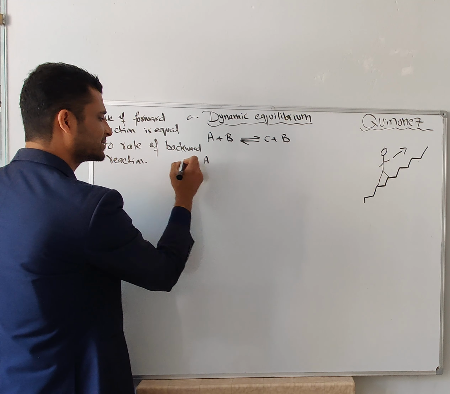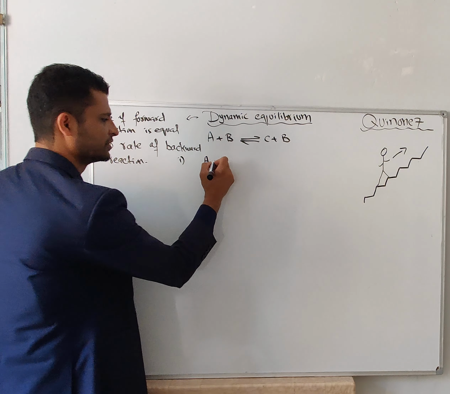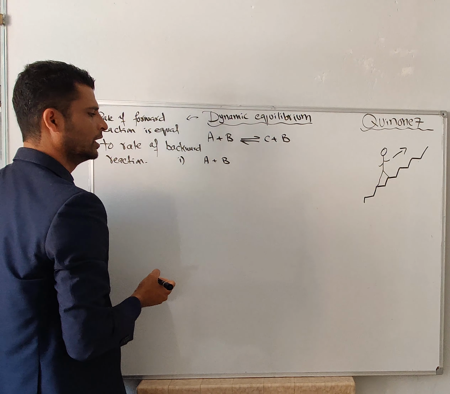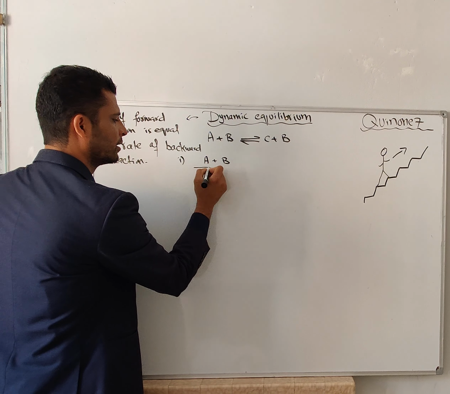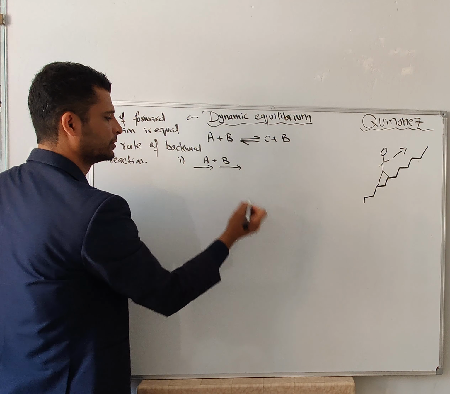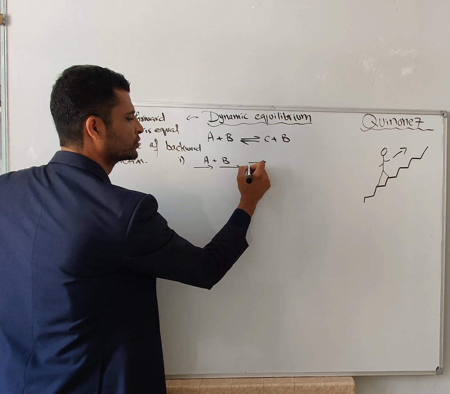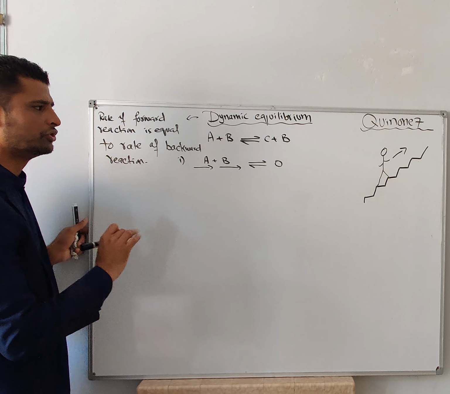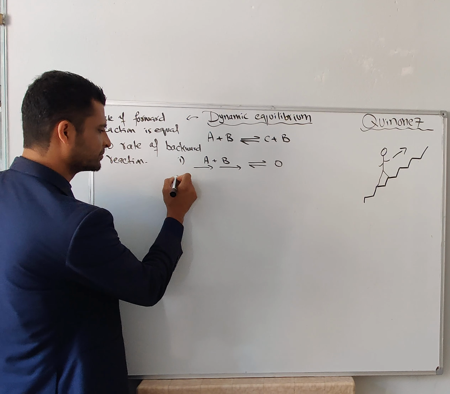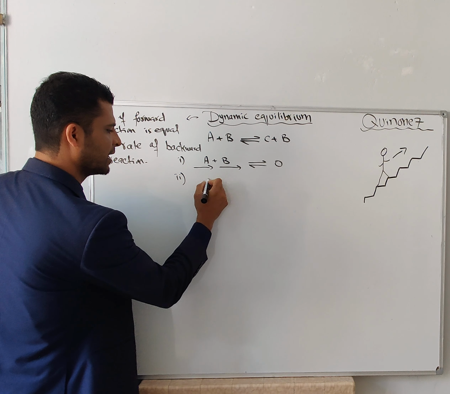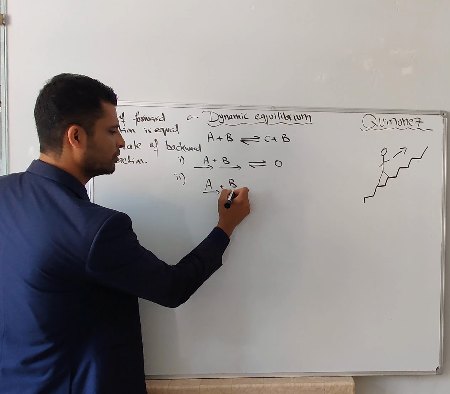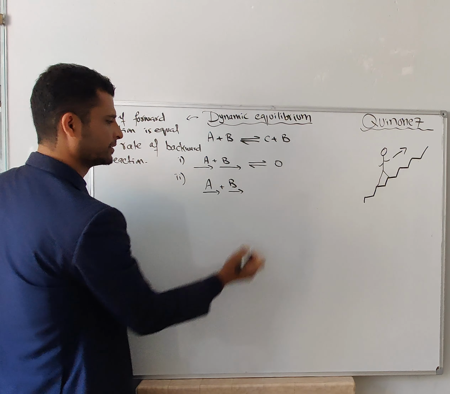For example, at the start, let's just say position number one, you have A plus B. Now A has that much, B is that much, and it is going to make nothing at the start, zero product. After some time, you will see A has gone down this much and B has also reduced a little bit.